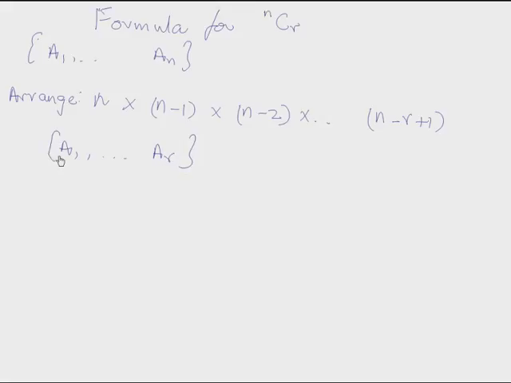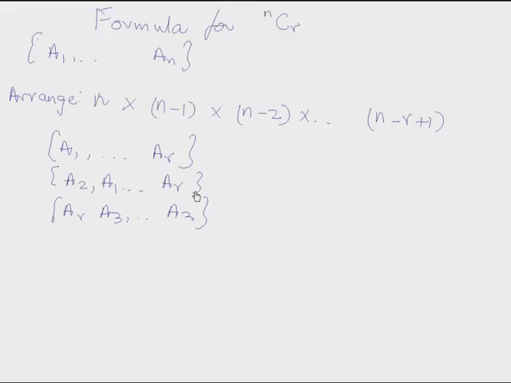However, these r elements will also occur in an arrangement A2 A1 ... Ar, or Ar A3 ... A2 and so on. All these arrangements are distinct. However, the question I'm looking for is the number of r selections. So all these arrangements should compress into one selection as far as I am concerned.